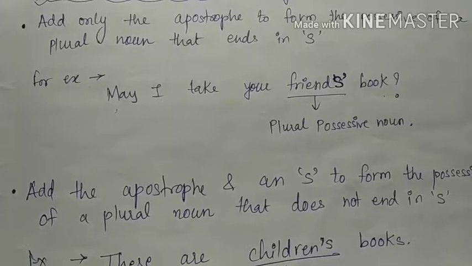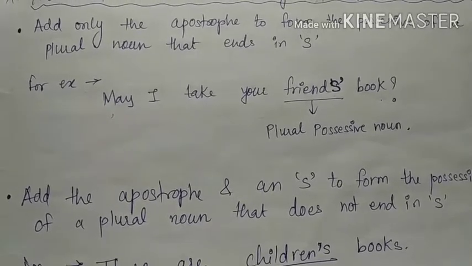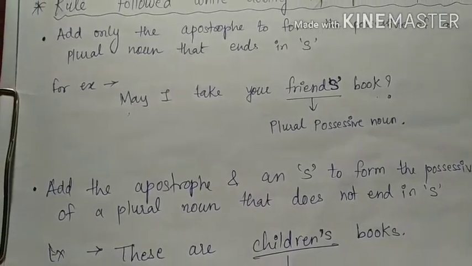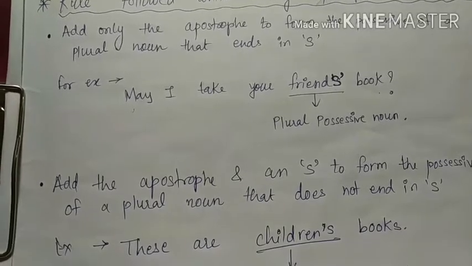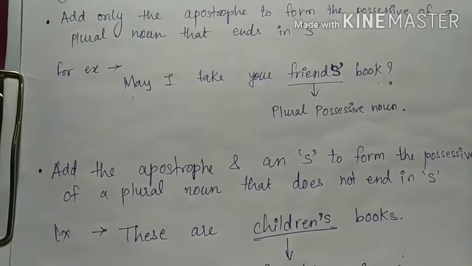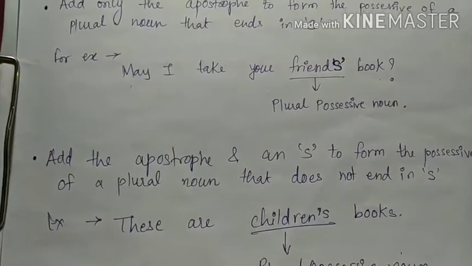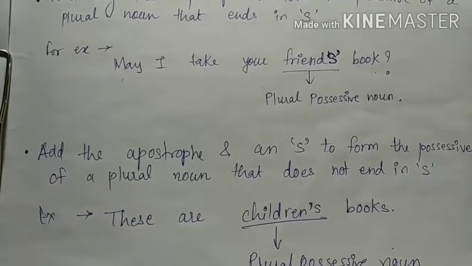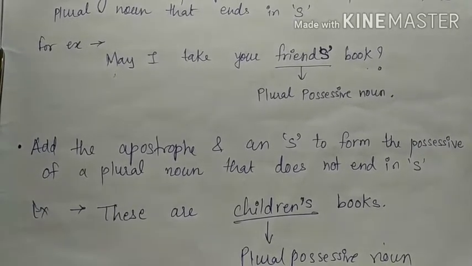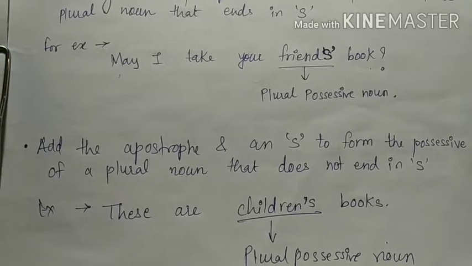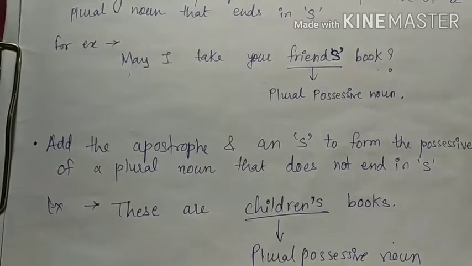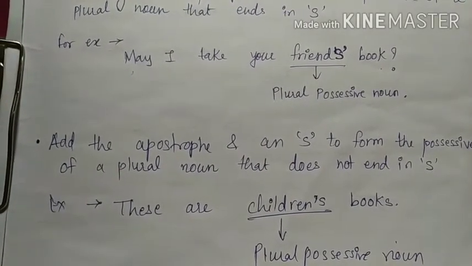Friends here is known as a plural possessive noun. And add the apostrophe and an S to form the possessive of a plural noun that does not end in S. अब कुछ plurals ऐसे होते हैं जो may और may not end in S. Alright, कुछ S के साथ end होते हैं और कुछ S के साथ end नहीं होते, जैसे child का children.